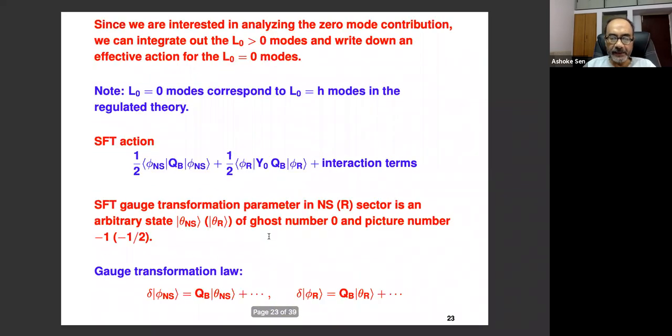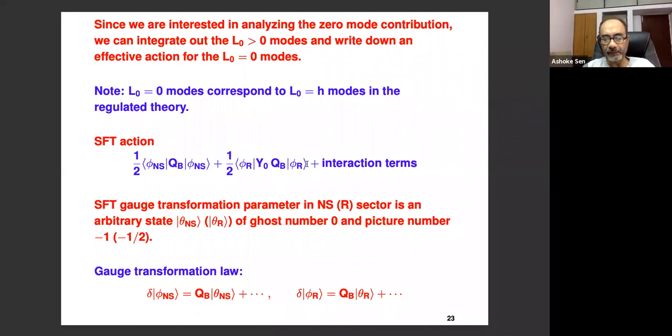Normally, the string field theory in the Ramond sector is very complicated. In fact, you cannot write down simple kinetic terms like this. The reason is that if you write down a kinetic term of this kind, this Y0 has a lot of kernel; its kernel is non-trivial. So when you look at the solutions to the equations of motion, you will get many more apparent physical states, because those are annihilated by Y0, which are not physical.